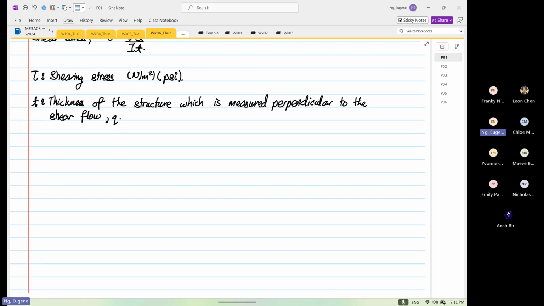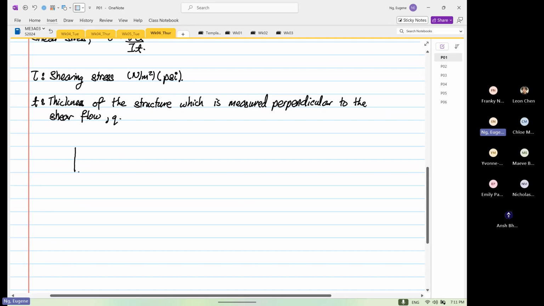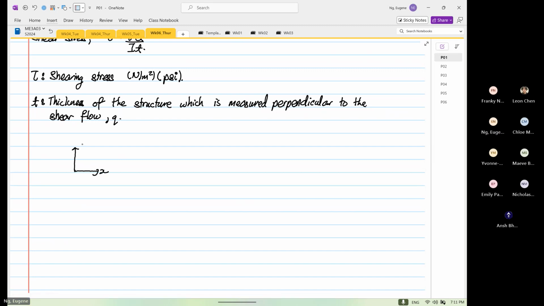failure actually occurs. Okay, so if we have a transformation looking like this, and then if we have a structure looking like this, which has a cross section looking like this, okay, this is just a sketch of the cross section.